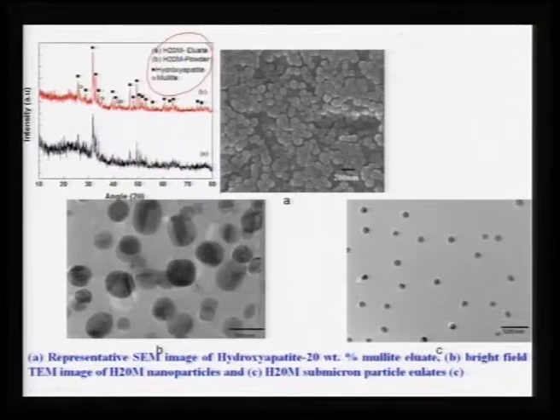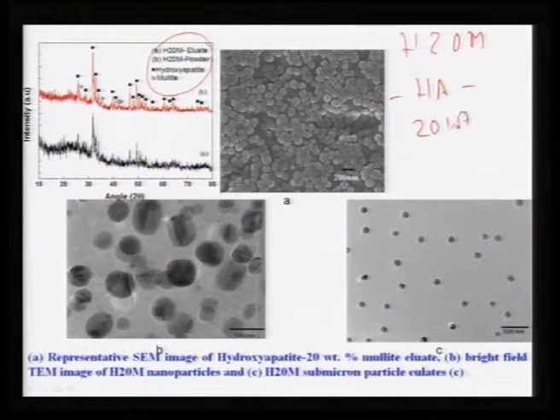So, therefore, we have developed H20M, which stands for hydroxyapatite with 20% mullite. Okay. Now, why mullite? Mullite is essentially used to increase the physical properties like strength and fracture toughness of these ceramic materials, so that they can be more suited for long term applications and load bearing applications.